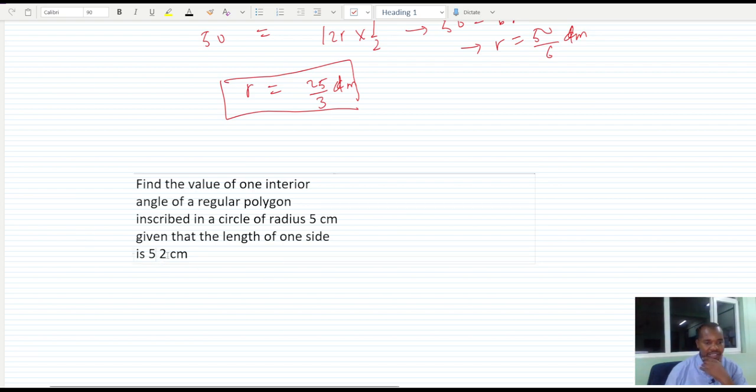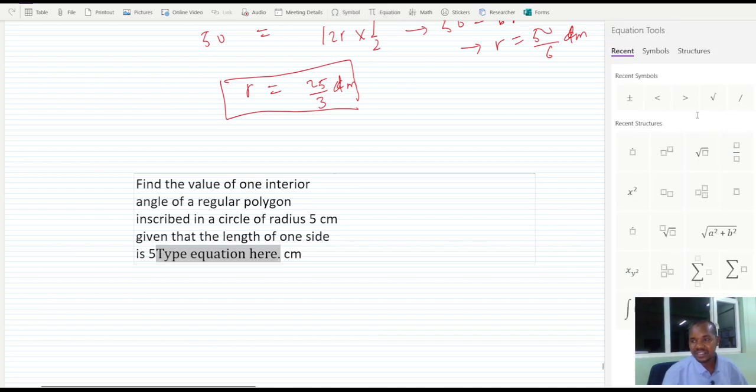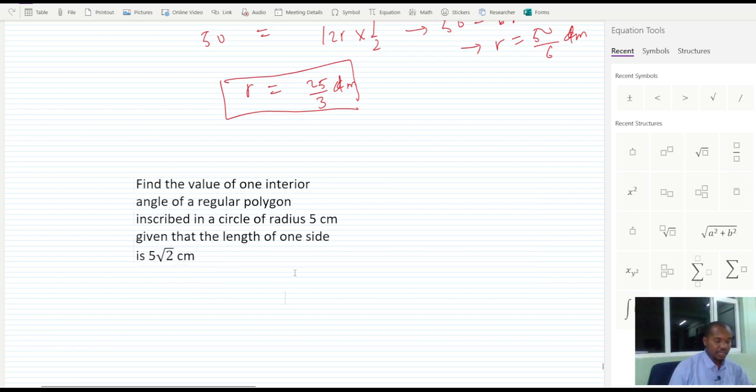I have to make changes here. It is 5 square root of 2. So 5 root 2 is there, dear colleagues.